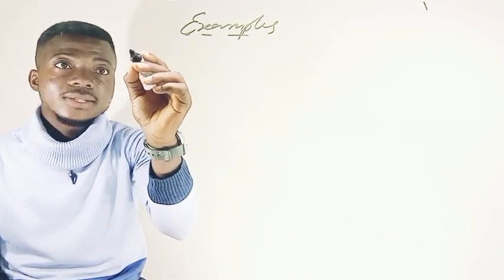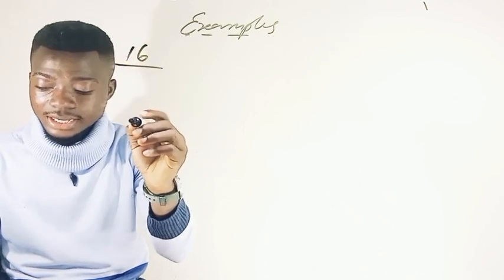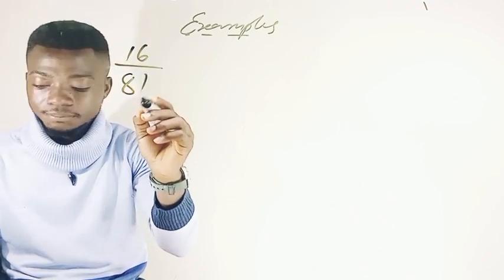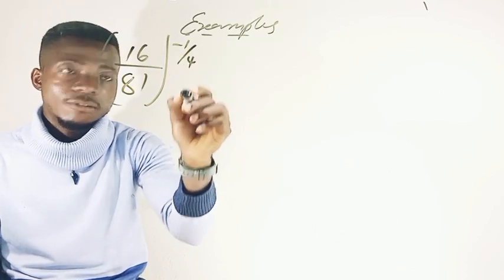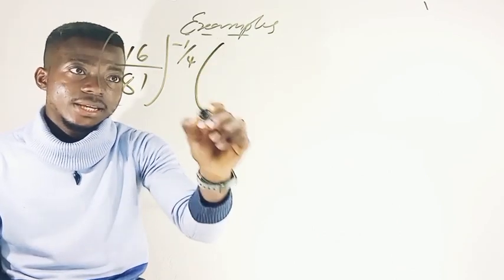Okay. So 16 over 81 all raised to the power negative 1 over 4. Then multiplying.